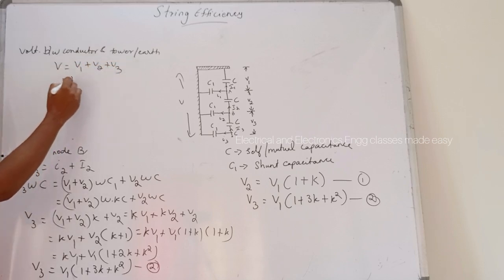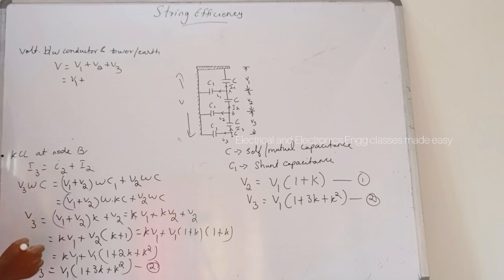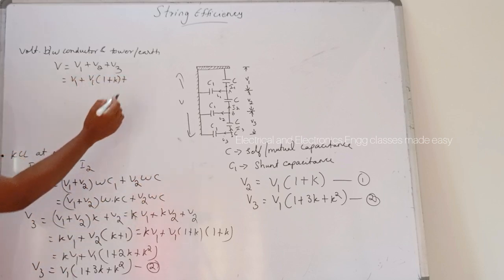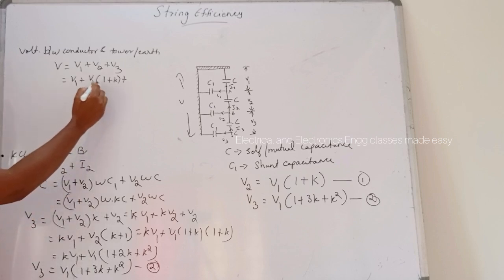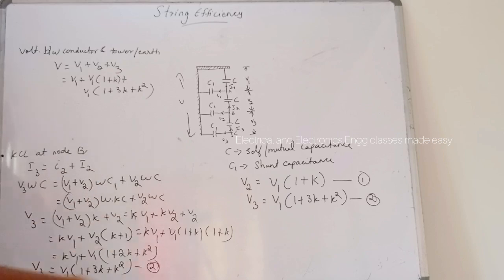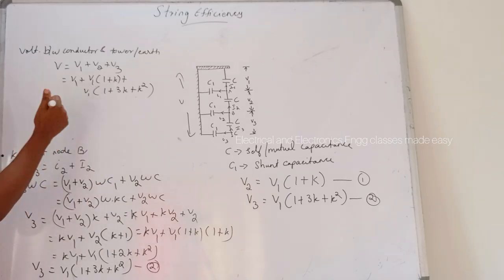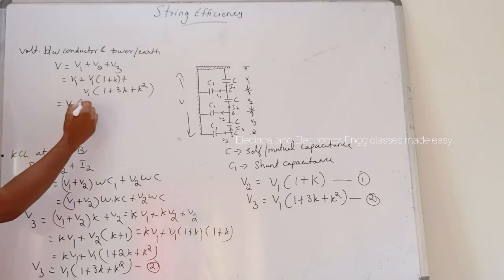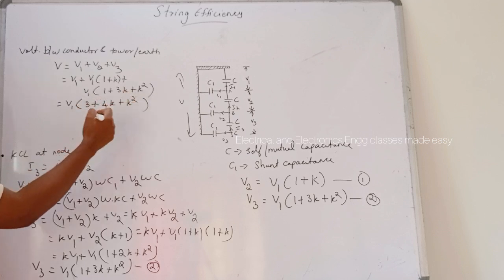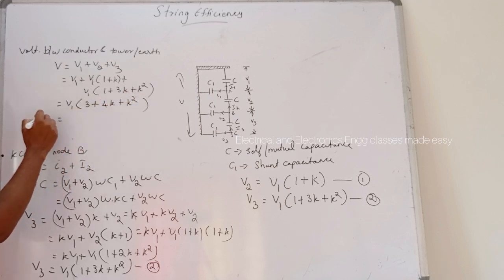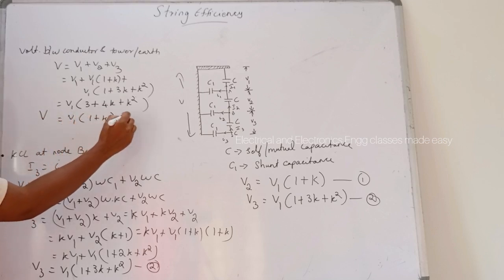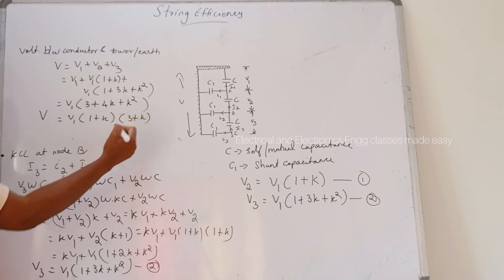And here V1 plus V2 is V1 into 1 plus K. Then V3 is V1 into 1 plus 3K plus K square. So after rearranging we will get V1 into 3 plus 4K plus K square, or we can write V is equal to V1 into 1 plus K into 3 plus K.